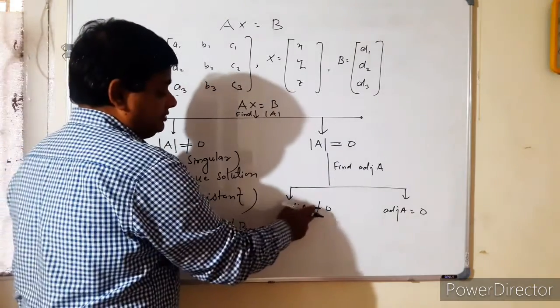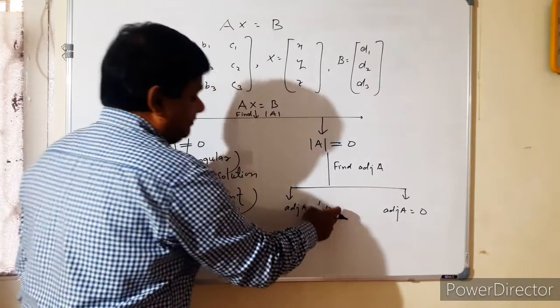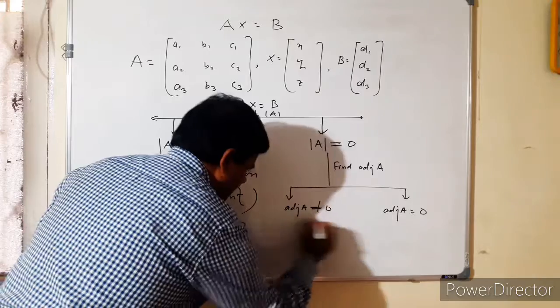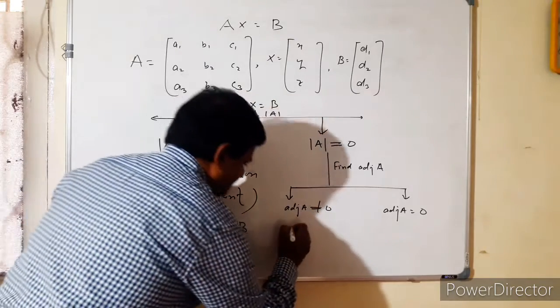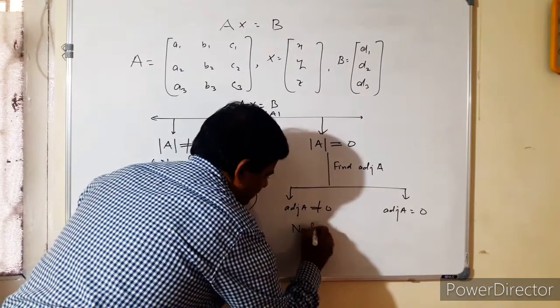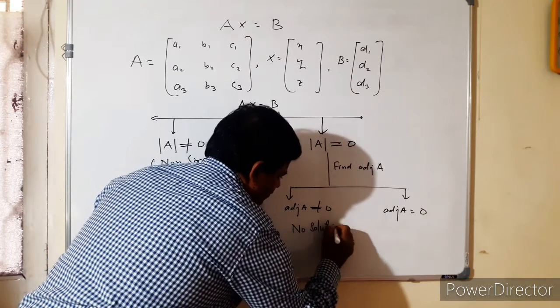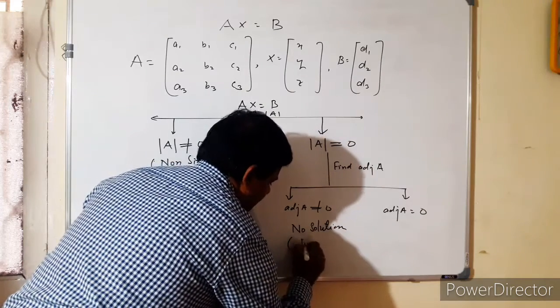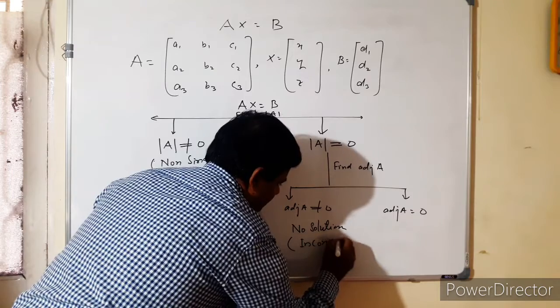If adjoint A is not equal to 0, it means no solution. No solution means inconsistent.